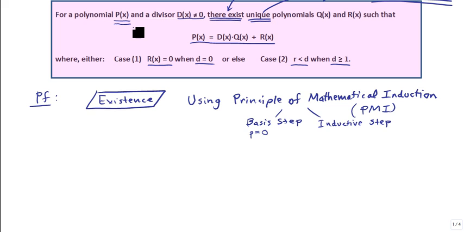In the inductive step, we're going to assume that the case of the theorem holds for the degree of the polynomial equal to some value k, and then we will try and prove the k plus first step.